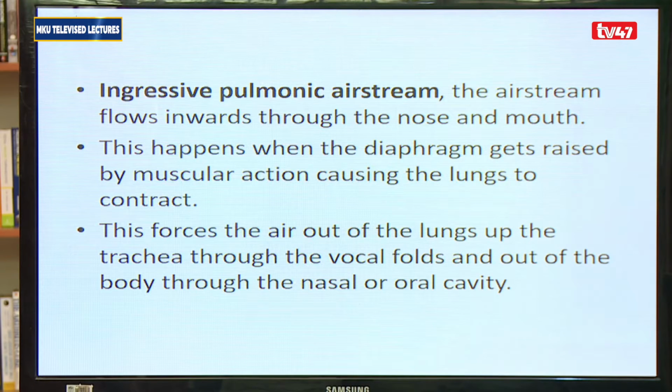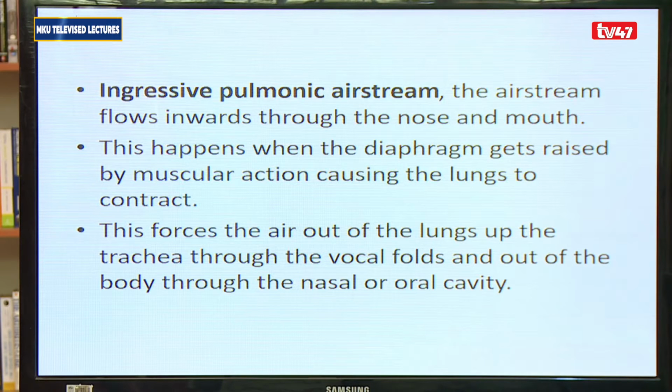We begin with the ingressive pulmonic airstream. Now, the airstream flows inwards through the nose and mouth. This happens when the diaphragm gets raised by muscular action, causing the lungs to contract.